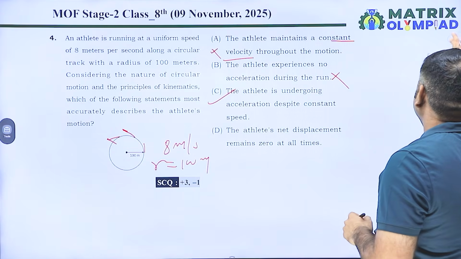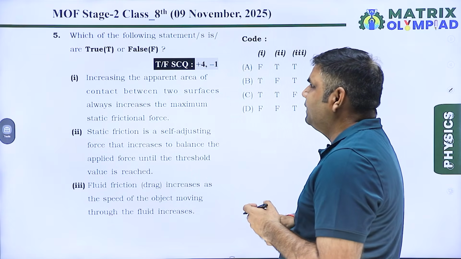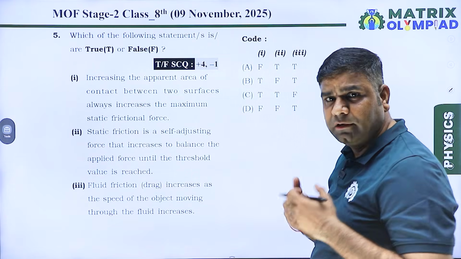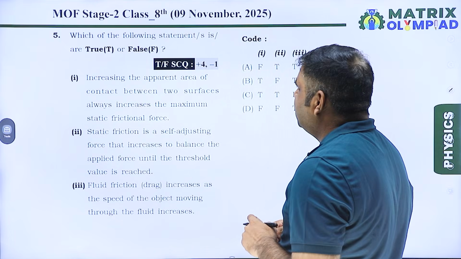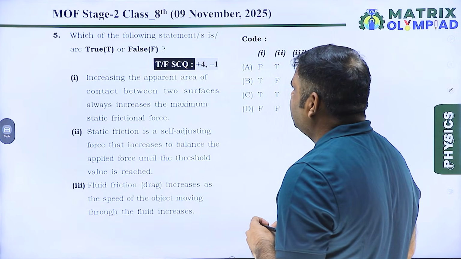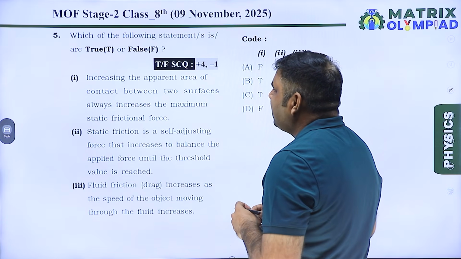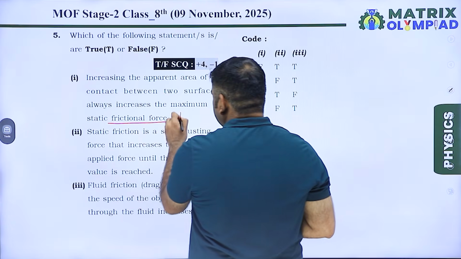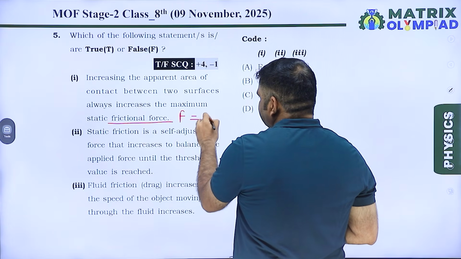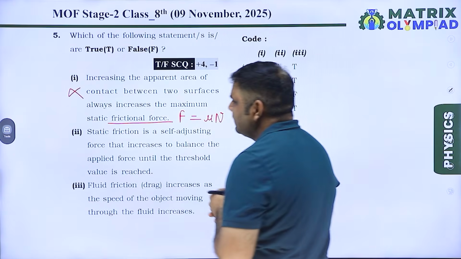Move to the next question, that is question number 5, which is true or false. We have to find which statement is true and which one is false. Statement first: increasing the apparent area of contact between two surfaces always increases the maximum static frictional force. So student, the formula of static friction is mu N. So this is incorrect.